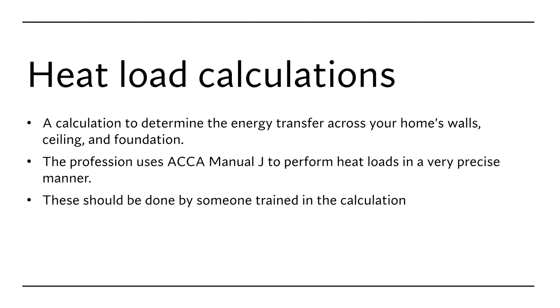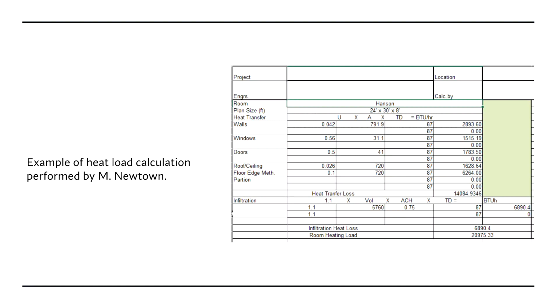It's something that is really easy for a professional to do. And here's an example. This is one I performed, I don't know, many years ago, I guess, on a particular house. This was a summary of the whole house.